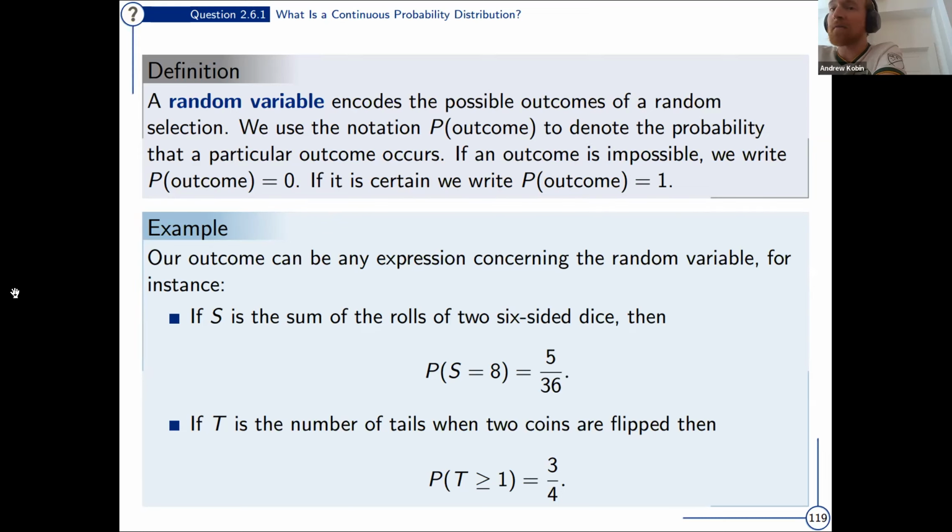Because there are 4 different options, we assign to the letter T the random variable counting the number of tails among these 2 coins. There are either 0, 1, or 2 tails that can show up. If you want to ask for the probability that T is greater than or equal to 1, or in plain English, the probability of flipping at least 1 tail with 2 coins, that probability is 3 out of 4. There are 4 total outcomes, and in 3 of those options, there's at least 1 tail in the mix.